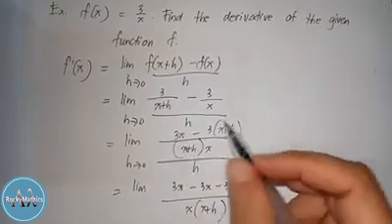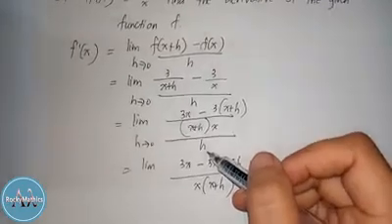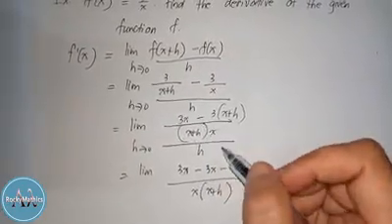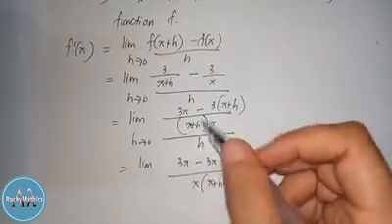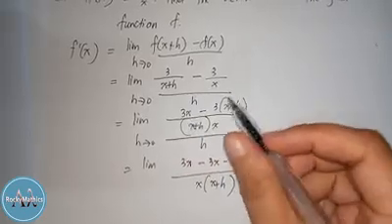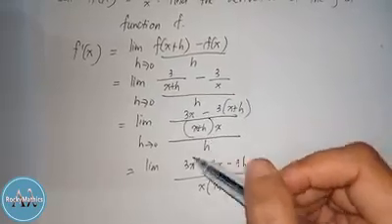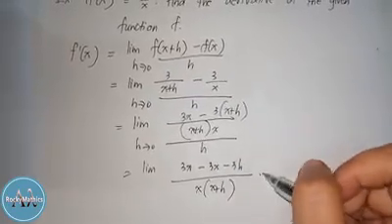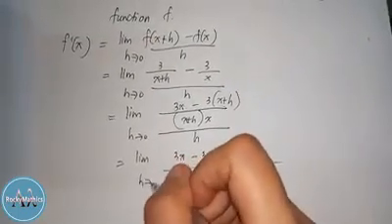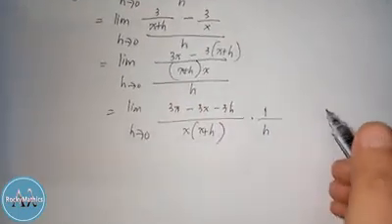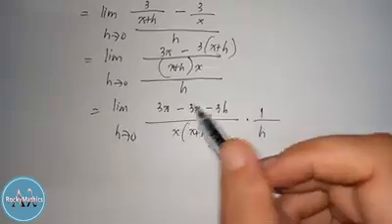And since this expression is divided by h, the rule of fraction is to multiply this by its reciprocal, because we are dividing this expression by h. So we need to multiply this by its reciprocal. What is the reciprocal of h? It is 1 over h. So this is the new expression as h approaches 0. Okay? Now take note that 3x minus 3x will be 0.